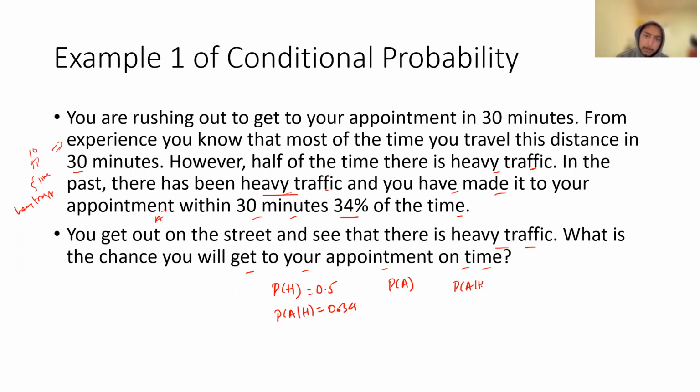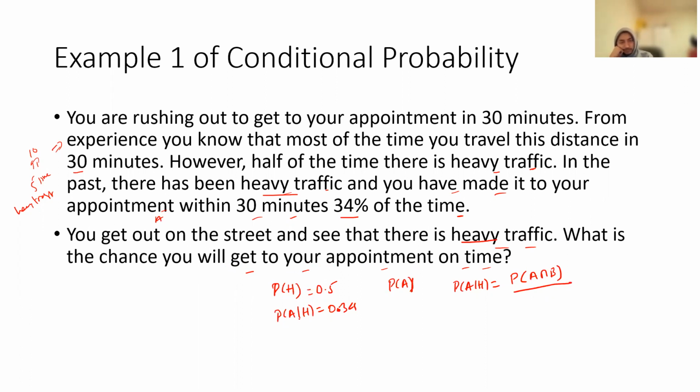So we know conditional probability is given by P(A intersection B). So P(A given H), here what is given is this: you get out on the street and see that there is heavy traffic. What is the chance that you will get to your appointment on time?